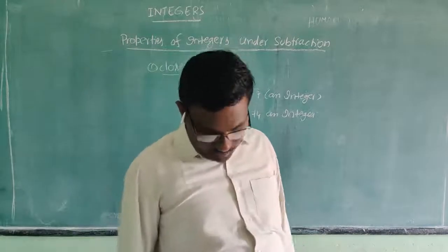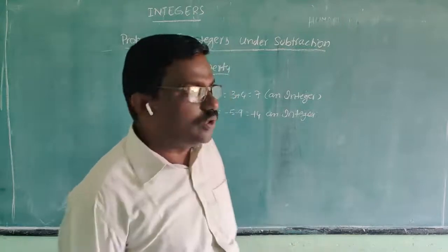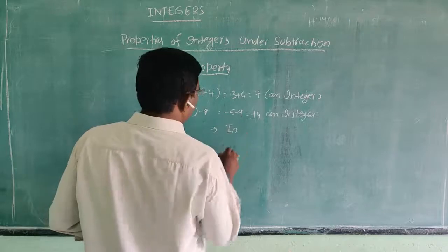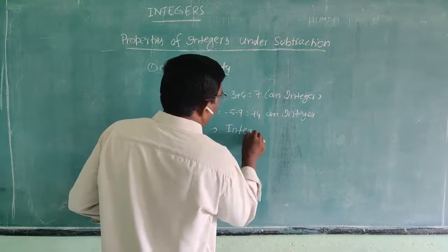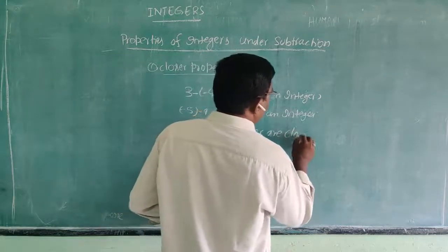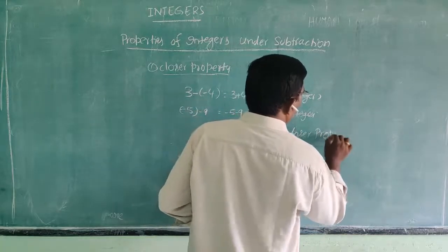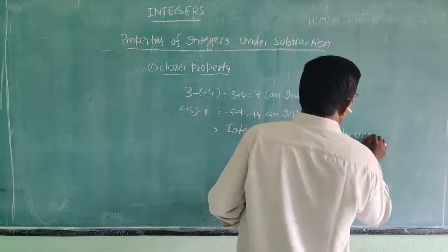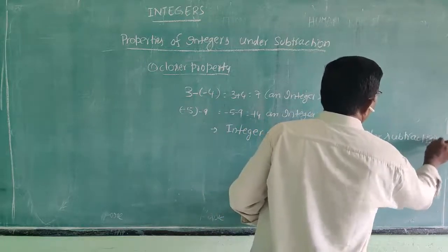For any integers a and b, a minus b is also an integer. Integers are closed under subtraction.